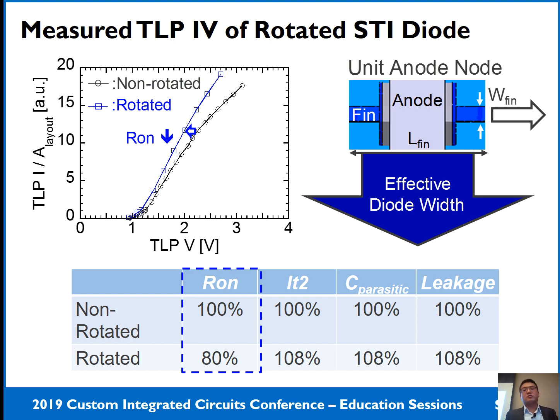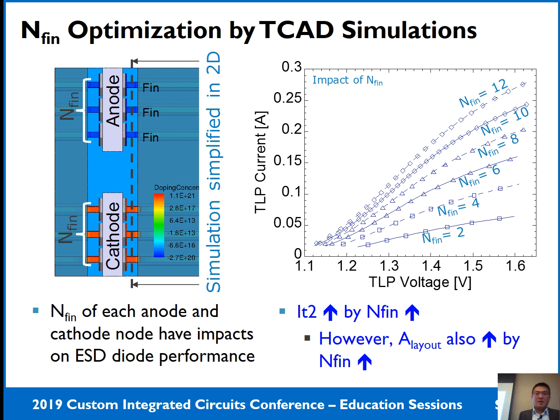Then the next question is how many fins in each anode fin group and cathode fin group will be most efficient. A simple simulation result shows the It2 first increases by increasing the fin number in each fin group.